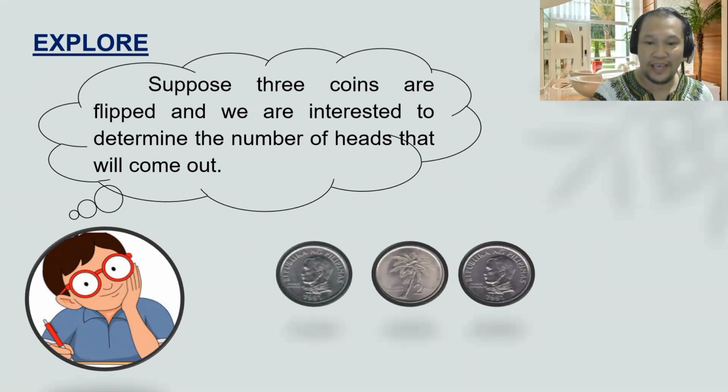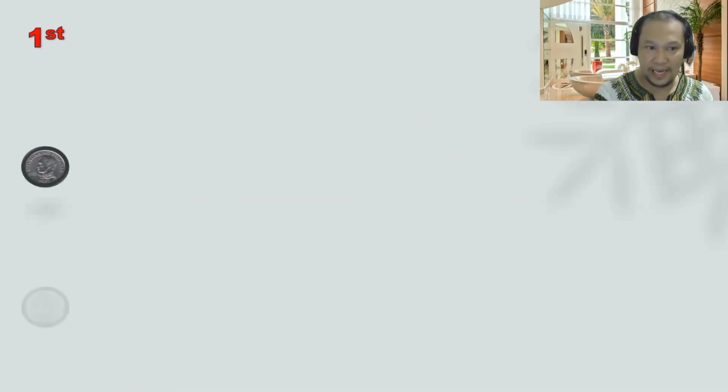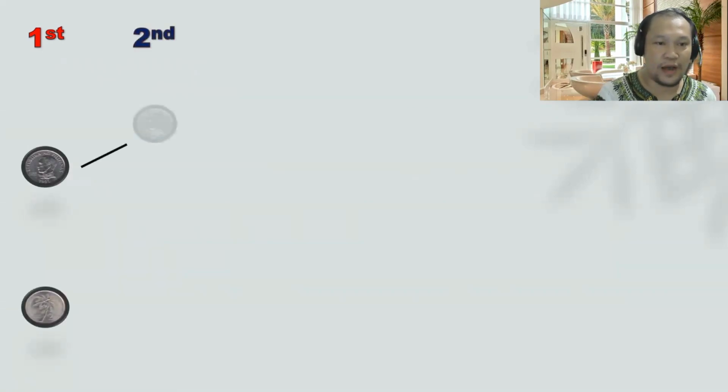Using the previous discussion about this experiment and leading to an event, I have here the three coins. From the given three coins, the possible outcomes for the first flip will be head or tail. So the first flip, we have head or tail. Then for the second flip, we again have head or tail.